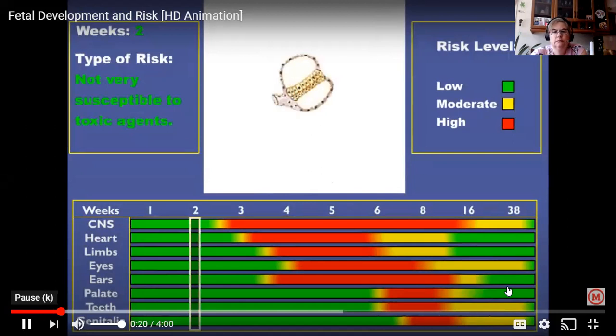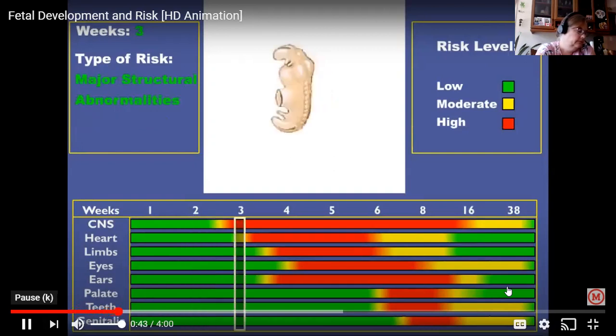The cells are still not susceptible to nutritional deficiencies or other dangers from the health and lifestyle choices of the mother. The embryo continues to be susceptible to radiation-induced birth defects. These include cataracts, reduced growth, skeletal defects, microphthalmia, microcephaly, and mental retardation. At 3 weeks, the embryo begins to form the rudimentary organs of the fetus.